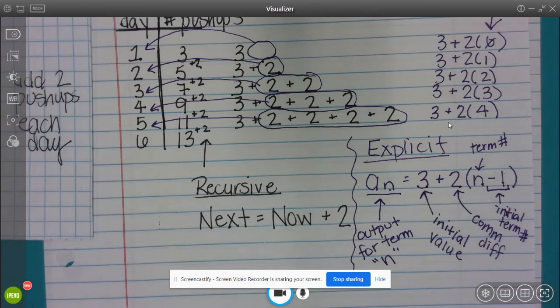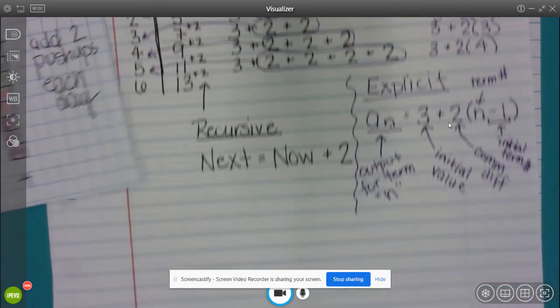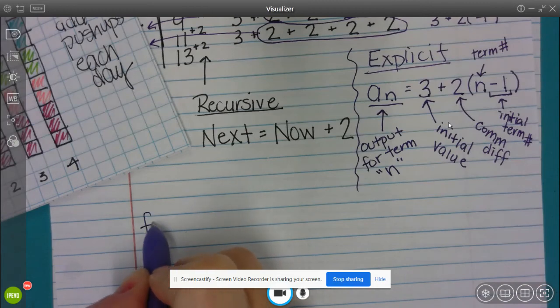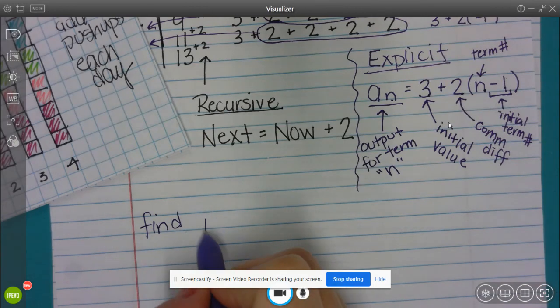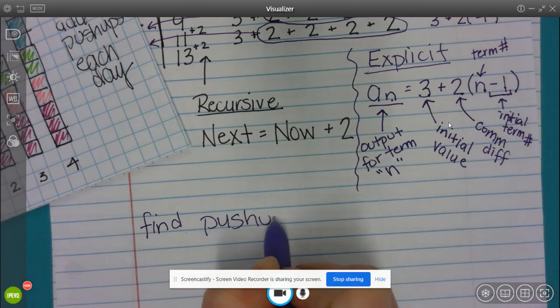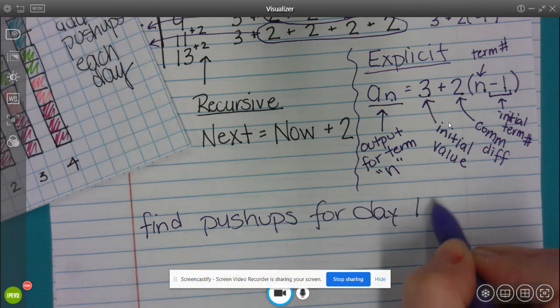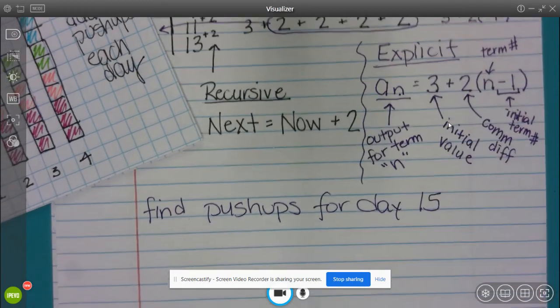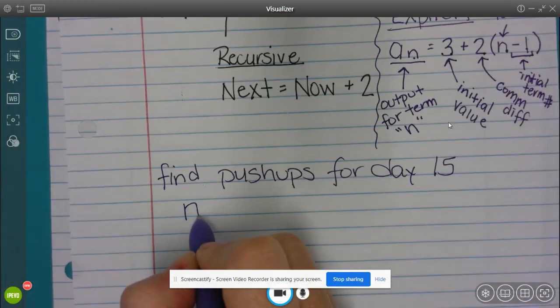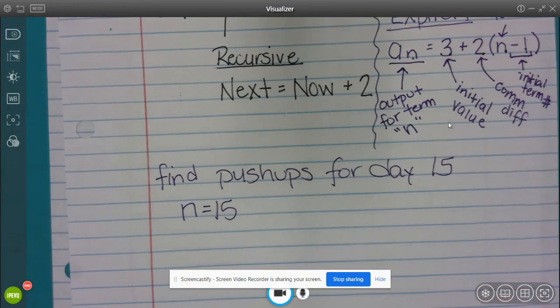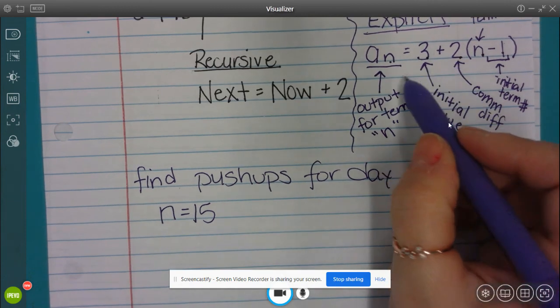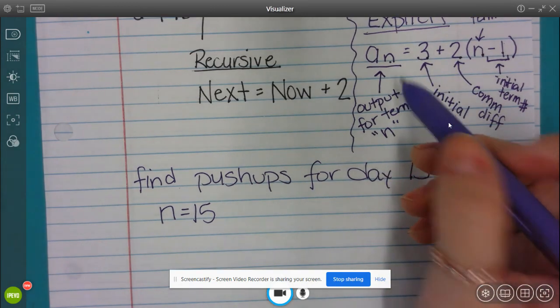So for example, if I asked you to find how many push-ups there would be on day 15, that would mean that my n value is 15. So I can use my explicit formula here.